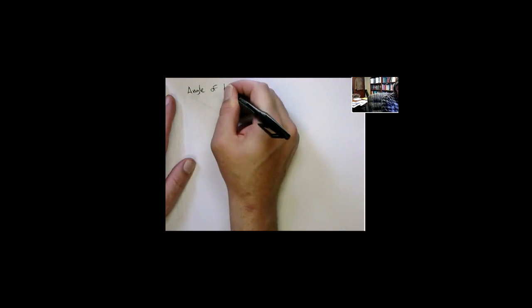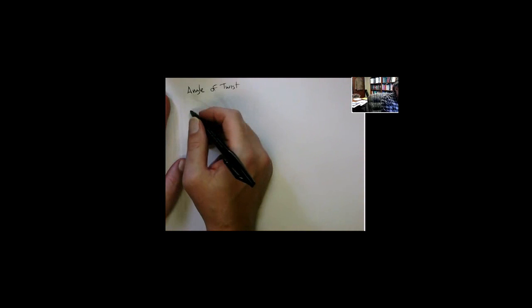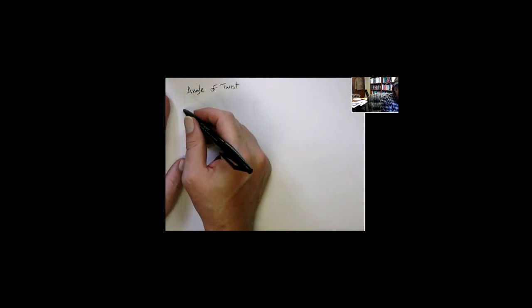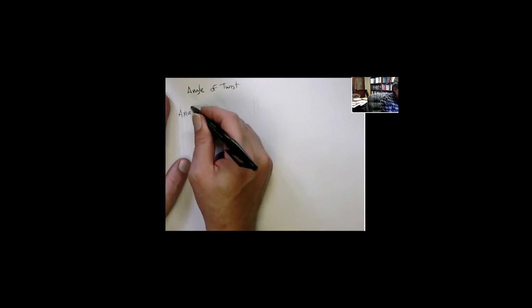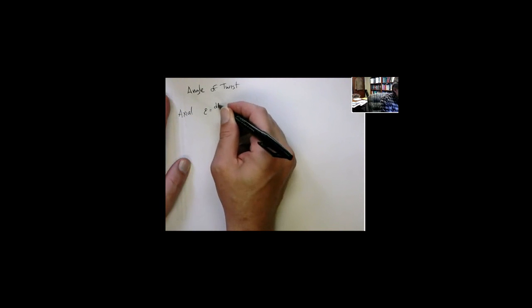So, just like in axial, we started off with some kinematic descriptions, and had that the strain shows us the derivative of the displacement field with respect to x.